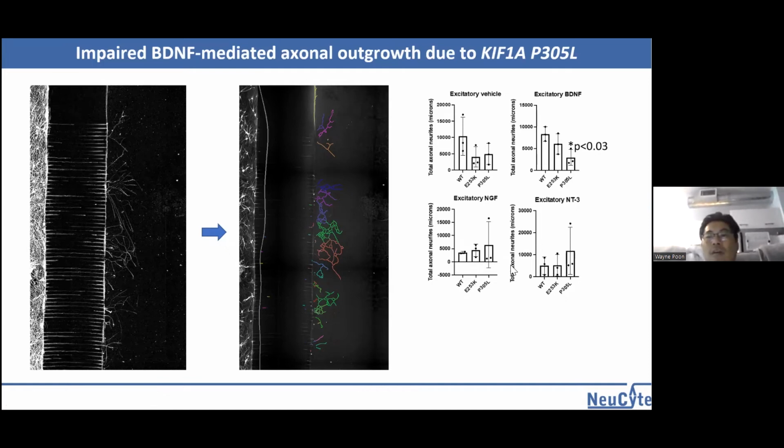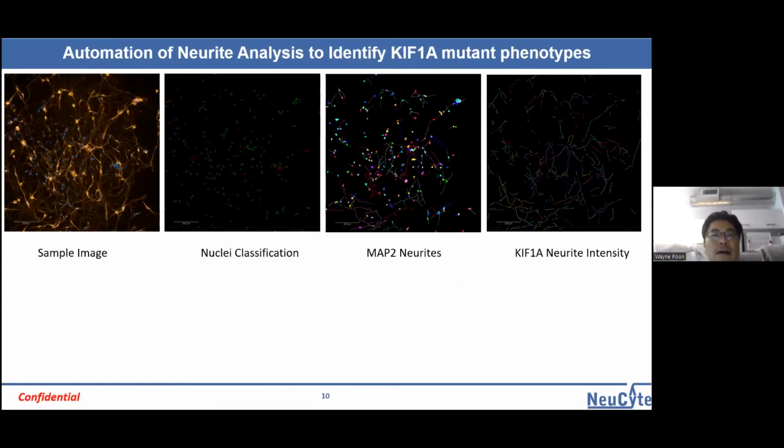We were able to quantify and identify a specific phenotype in which the KIF1A mutations exhibit impairment in BDNF-mediated axonal outgrowth, shown here. Secondarily, we have the tools in-house to carry out some NeuCyte analysis to identify additional KIF1A mutant phenotypes.